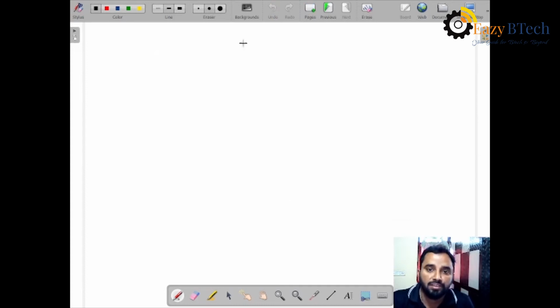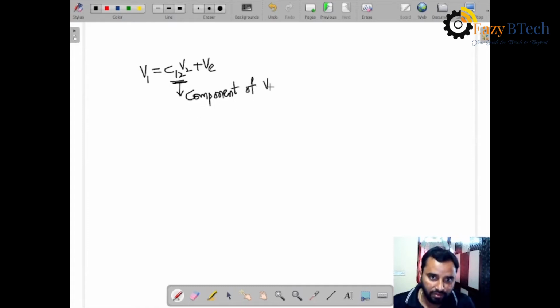Now, next thing. So vector V1, what do we have? C12 V2 plus error vector VE. Here C12 V2 is called the component of, or projection of, V1 along V2.